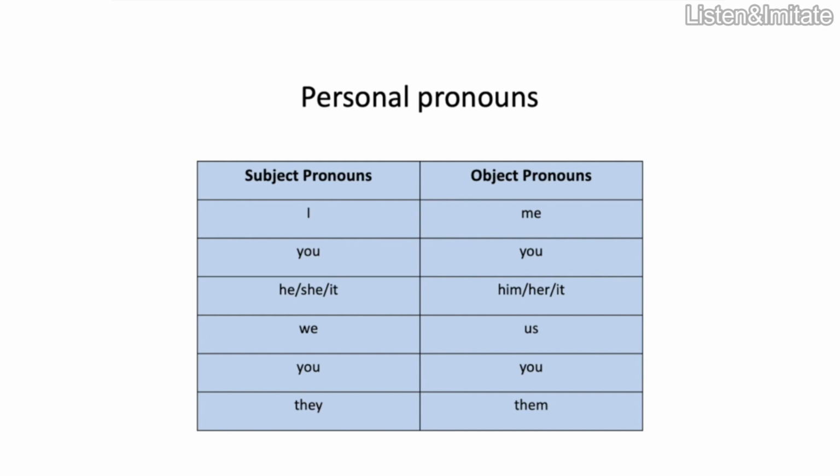The object pronouns are me, you, him, her, it, us, you, them. You may notice that the pronoun you appears twice in the same category. That's because the first you is singular, whereas the second you is plural and refers to two or more people.